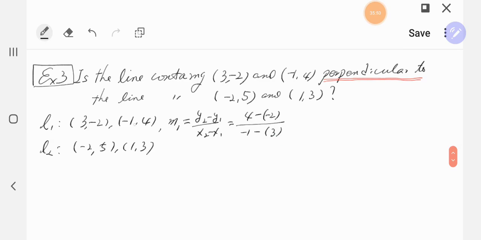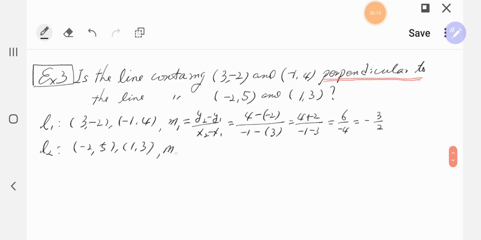I'm using the second point as P2. So this is equal to 4 plus 2 over -1 minus 3, so 6 over -4. Reduce it, then -3 over 2. So the slope of the first line is -3 over 2.